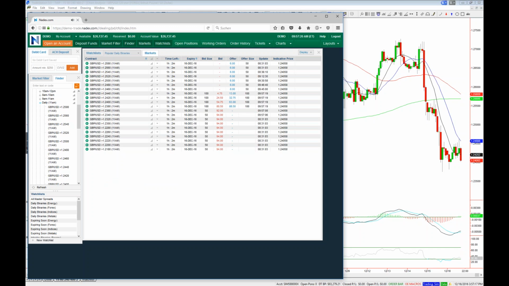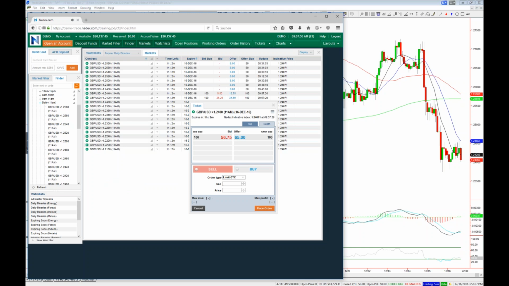If you say, okay, I think price will be dropping, but maybe not dropping that hard, I might be going closer to the money. I might be thinking about selling this contract here. Now, very close to at the money, and obviously I'm just getting $56.50 for that contract, which is my maximum profit.